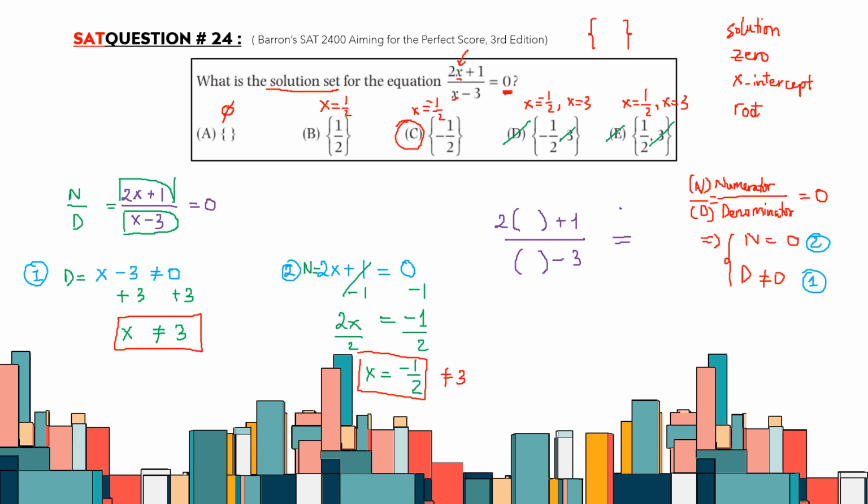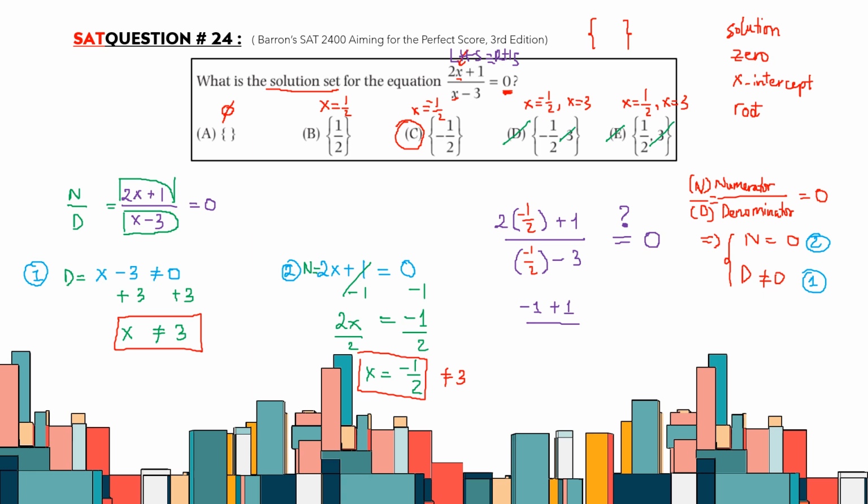If I want to check, I put a question mark on top of the equal symbol, equal 0. We want to make sure that the left hand side will be equal to the right hand side. Our right hand side is 0. Now we plug x equals negative 1/2 in here and calculate. 2 times negative 1/2 is negative 1. Add 1, that makes 0 on top.